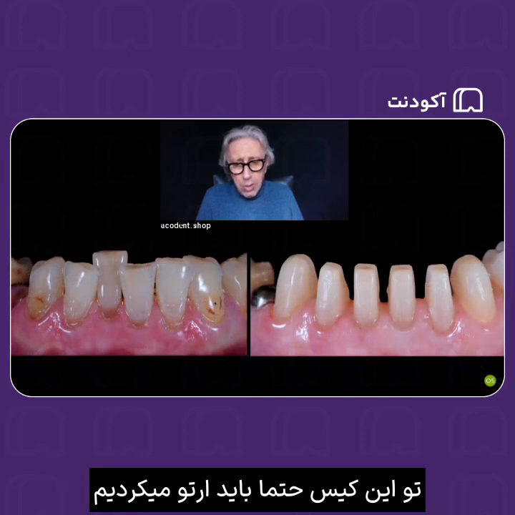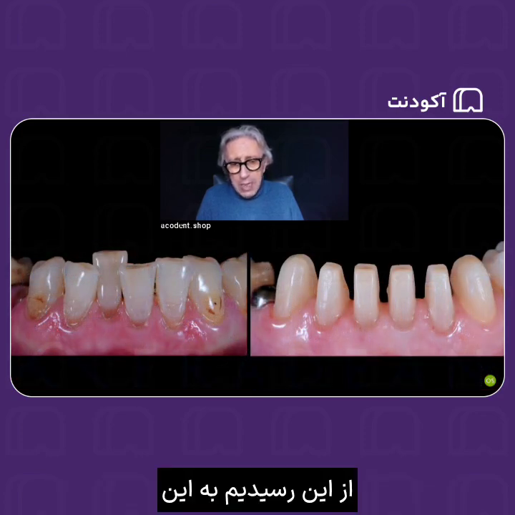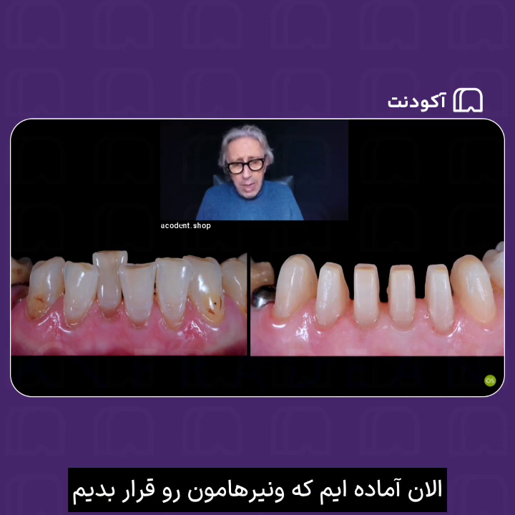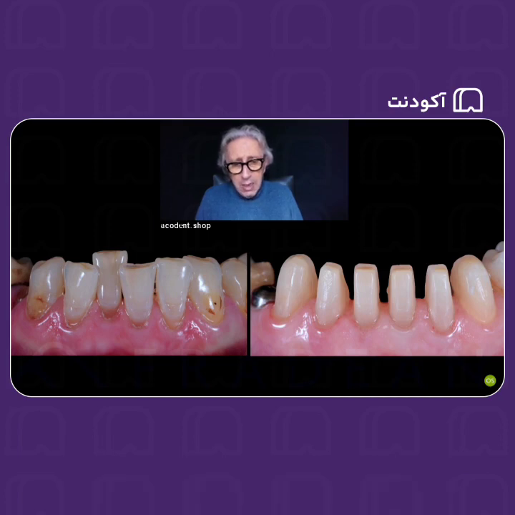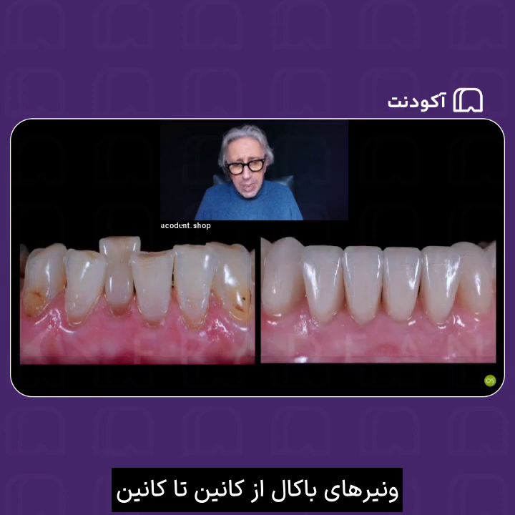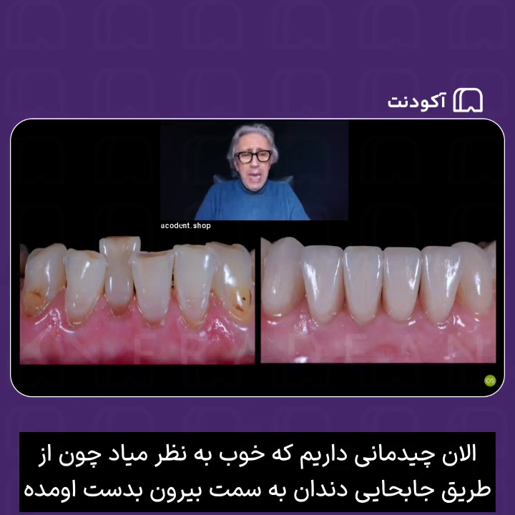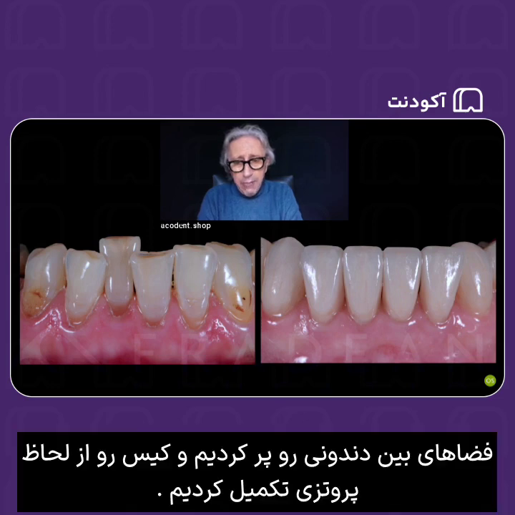In this case, it was a must. We came from this to this. We're now ready to finalize our buccal veneers from cuspid to cuspid. So now we have the alignment that seems to be nice because it's obtained by moving the teeth more out, finding the space between the other teeth around it, and at this point we finalize the case prosthetically, restoratively.